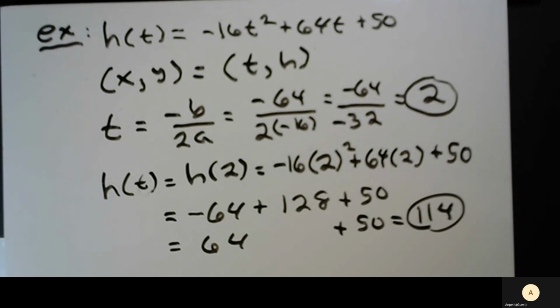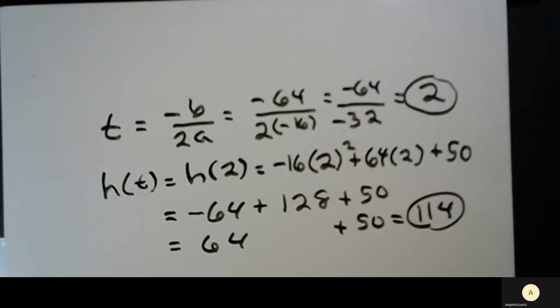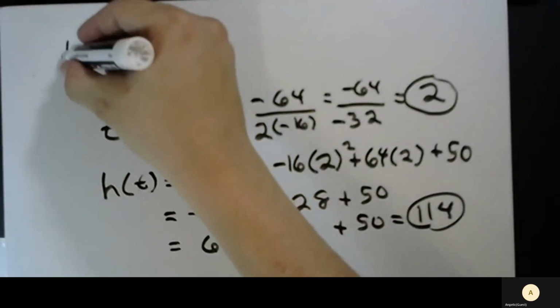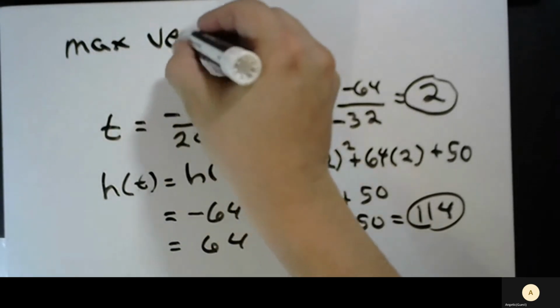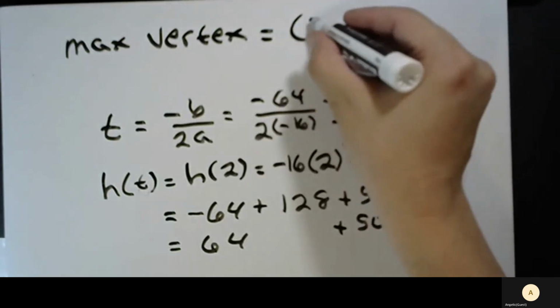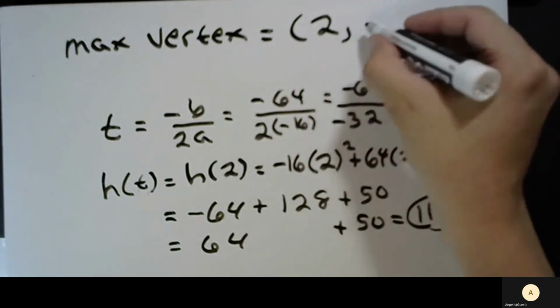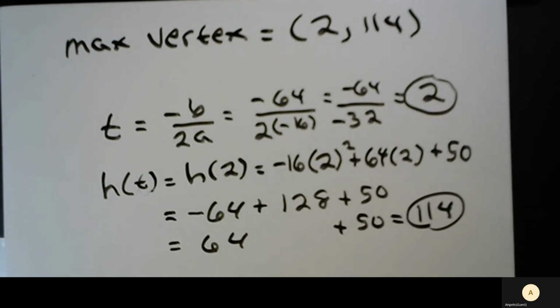So what this tells us is that this max vertex is time 2 seconds and height 114 feet.